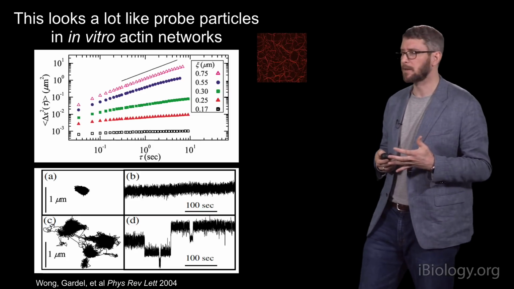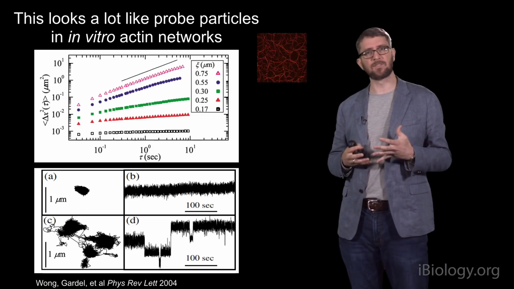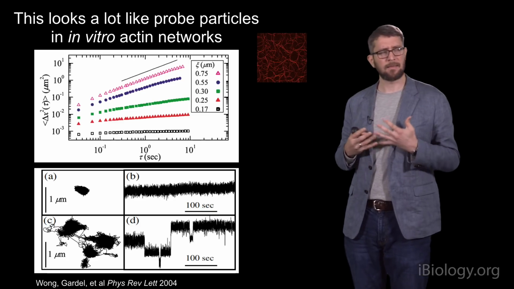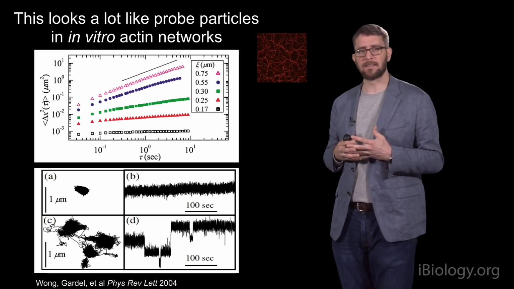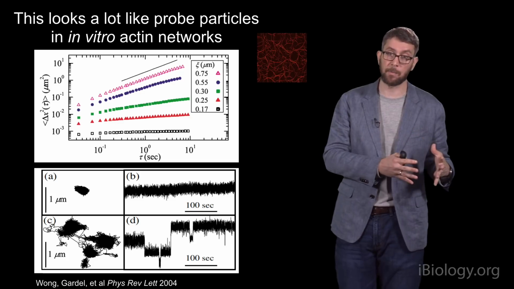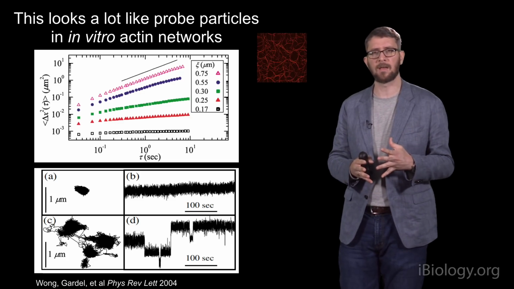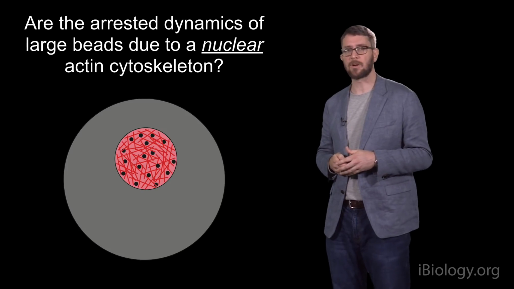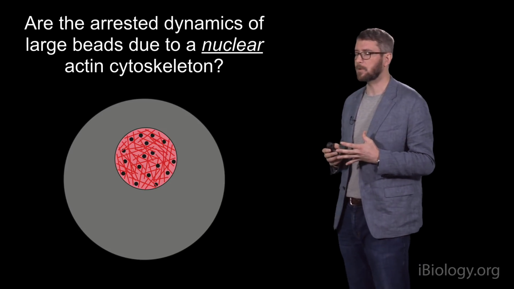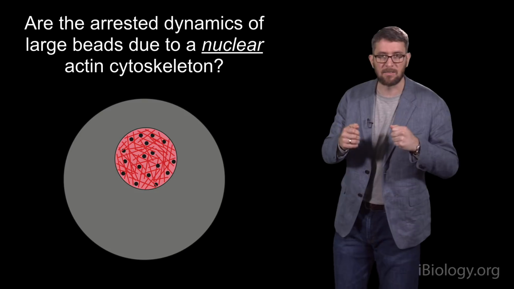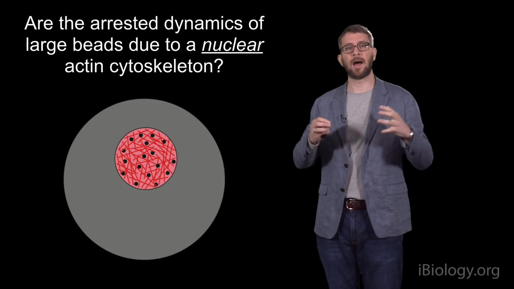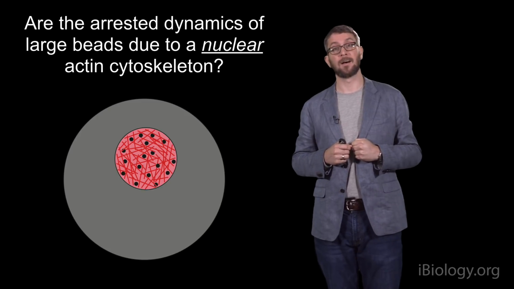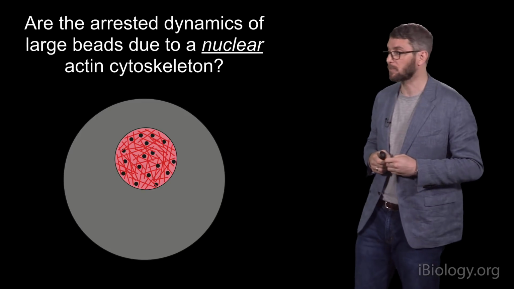So we started to wonder, well, maybe there's a cytoskeletal network like actin that's inside the nucleus. And that would be a little bit surprising, though, because actin is well known in the cytoplasm, but usually not thought of as being so important structurally inside the nucleus. And so we started to wonder about that. Is it possible that the motion of these beads is constrained by some kind of a network? Maybe it's even a nuclear actin network within this nucleus.